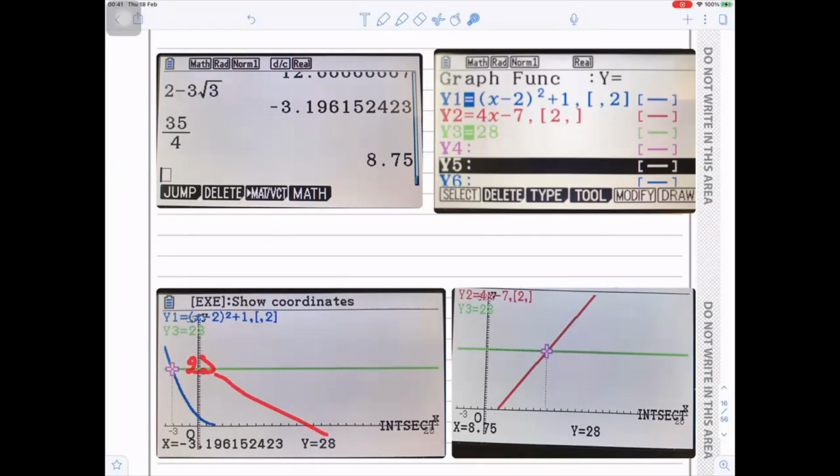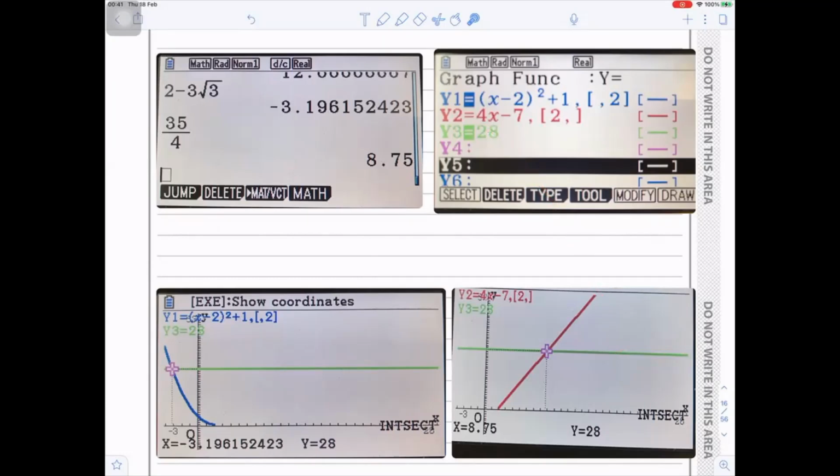That's 28 there. You want it to be bigger than 28, so you want the part which is on this side. That's why you have x is less than 2 minus 3 root 3. And so that's why when we put y equals 28, it gives us that line. That line is y equals 28.